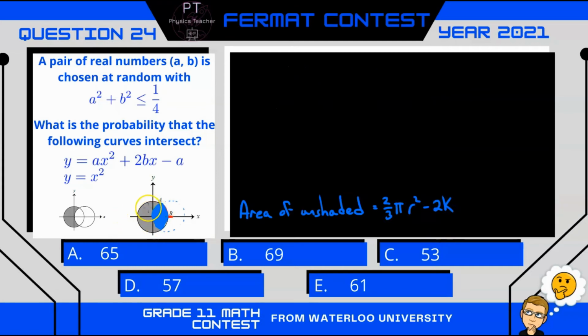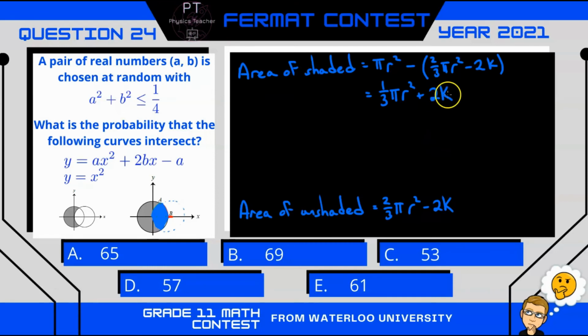Therefore, we can now figure out what the area of this gray shaded location is. So we'll call that the area of shaded. Area of shaded is going to be the area of this entire circle, which we know is pi r squared, minus the area of this unshaded, or the blue portion, which we just figured out to be 2/3 pi r squared minus 2k. And that'll simplify to 1/3 pi r squared plus 2k.